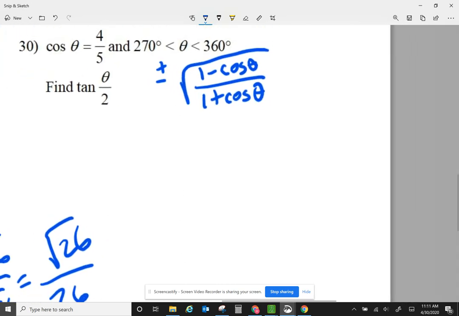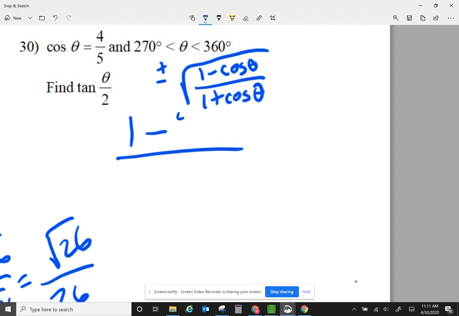So at this moment, let me just worry about the fraction. I'll worry about the square root at the end. I have 1 minus 4 over 5, and then at the bottom, I have 1 plus 4 over 5. And then my 1, I'm going to write it as 5 over 5. So I have 5 over 5 minus 4 over 5, and 5 over 5 plus 4 over 5.